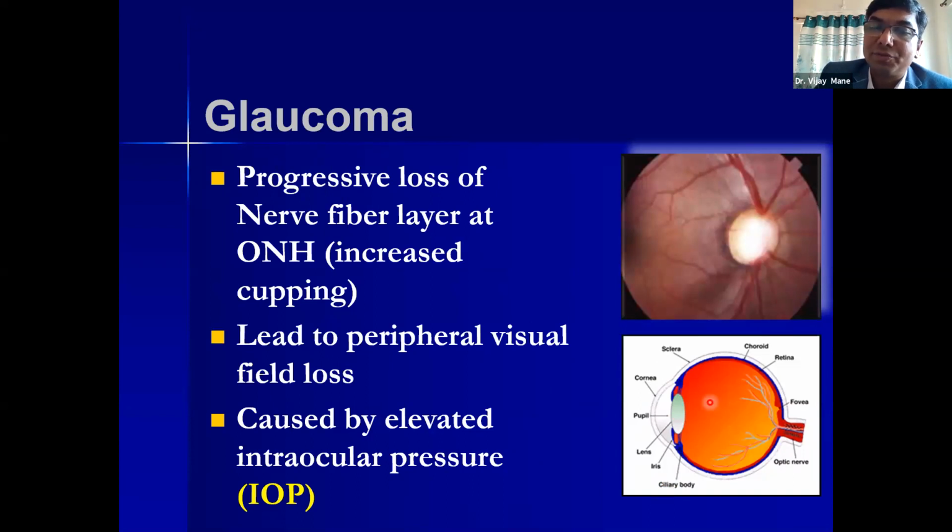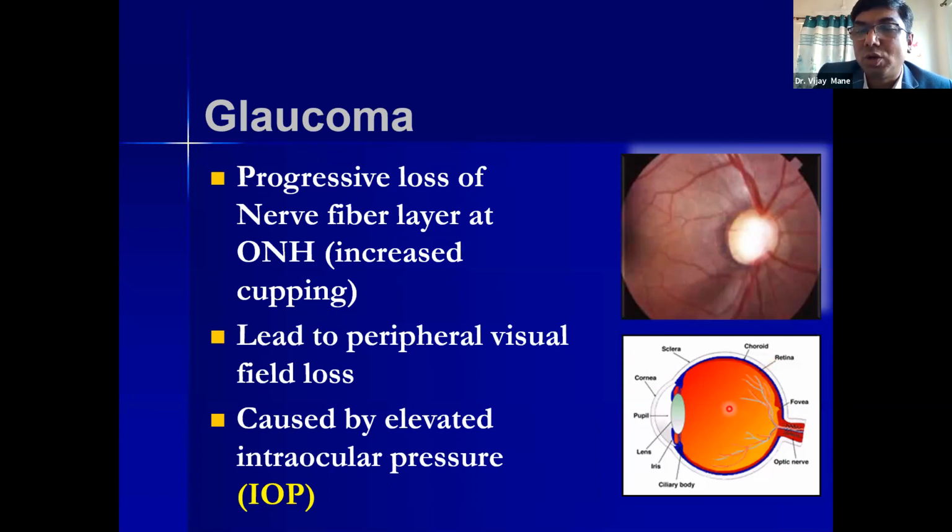Changes in the pressure of this fluid cause glaucoma. Talking in engineering language, if the pressure of this fluid increases, that pressure is given on the retina. Because of that, some of the neurons of the retina may be damaged.